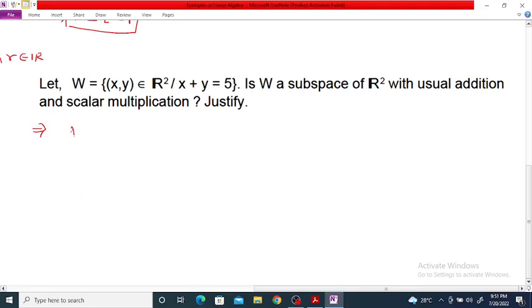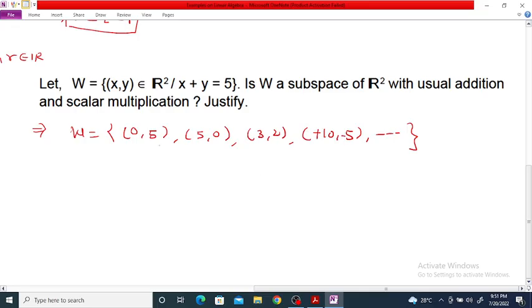So W contains some elements, say (0, 5), then (5, 0), then (3, 2), then (10, minus 5). These all elements lie in W, because their addition is equal to 5.